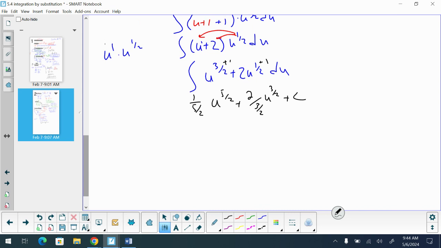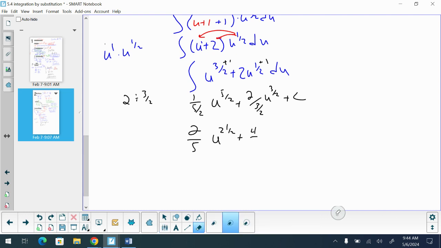This tells us just to reciprocate, so we have 2/5 u to the 2.5 power plus 2 divided by 3/2, so we have to multiply by 2/3, so we have 4/3 u to the 1.5 power plus c.